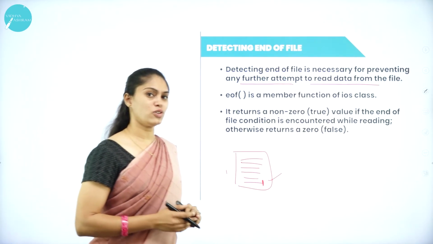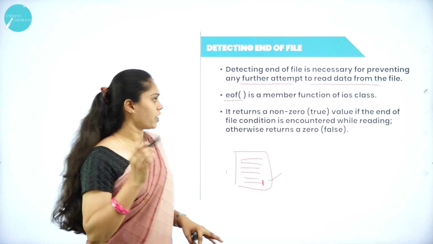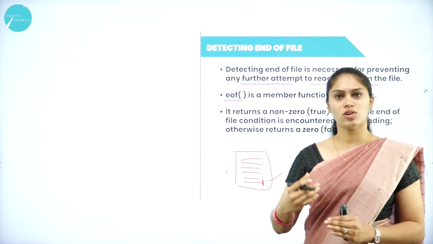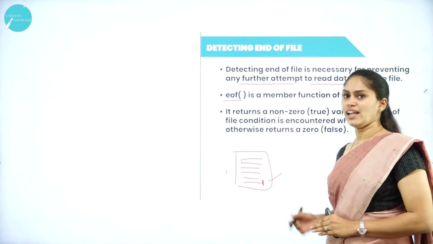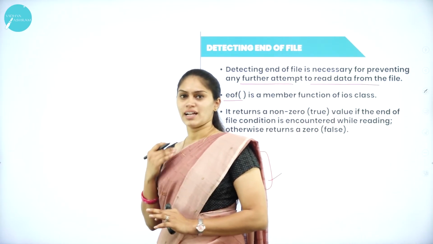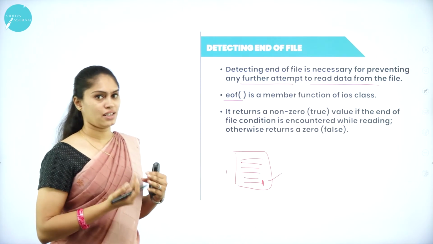So what will it do? This EOF, the end of file member function, will help me know that we are at the end of a file. When I get to know that I am at the end of a file, am I going to read any content from there? No. There are no further lines of data and information.